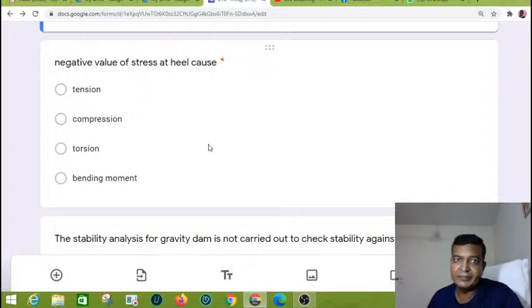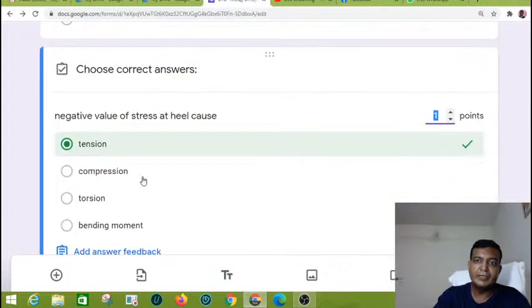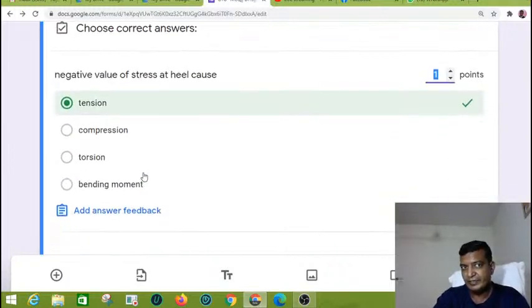Next question. Negative value of stress at heel causes tension, compression, torsion, bending moment. The negative value of stress at heel causes what? Tension. Negative value of stress at heel causes tension.